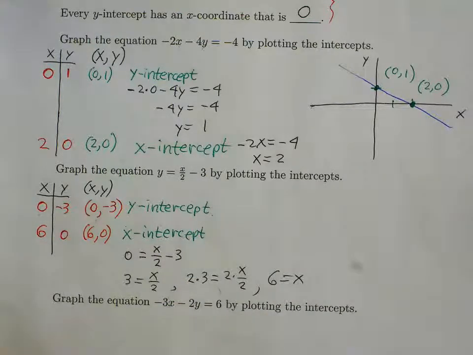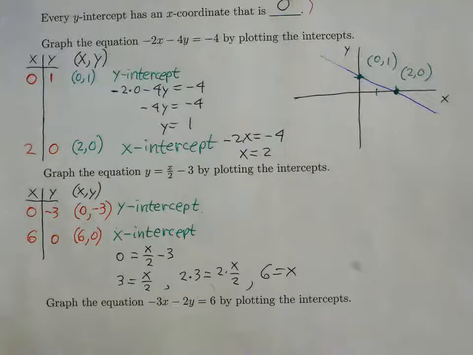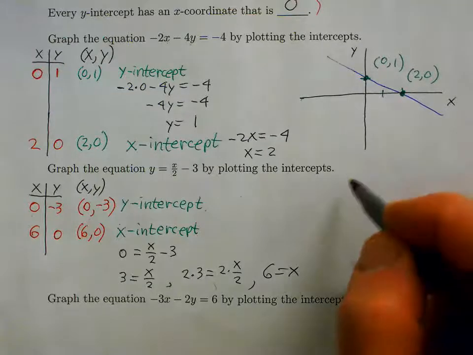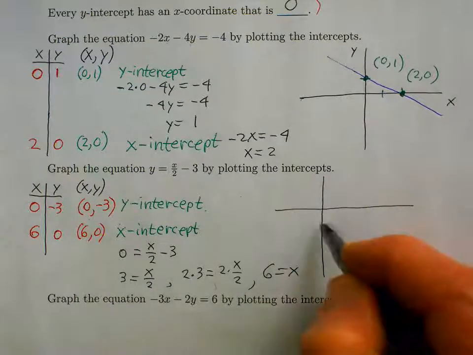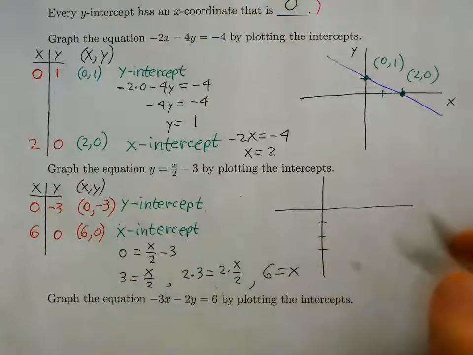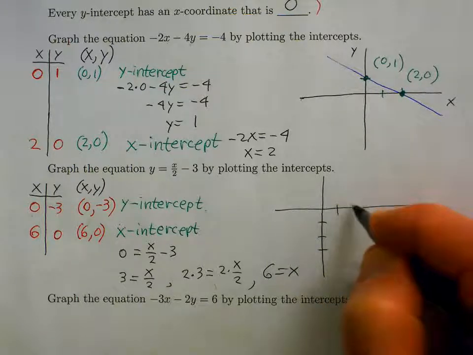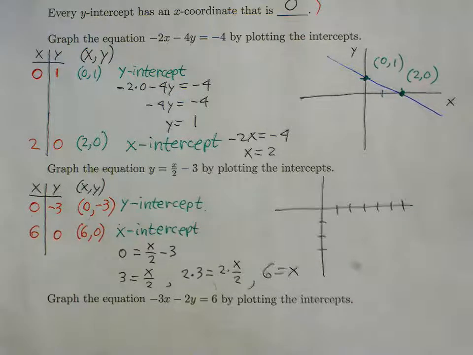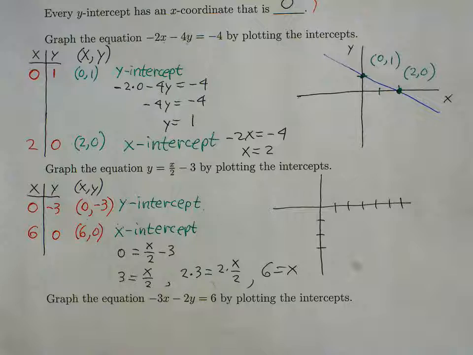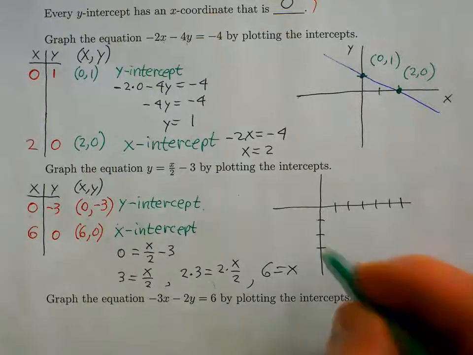So we can graph the line by plotting those two ordered pairs: (0, -3) and (6, 0). Label the points.